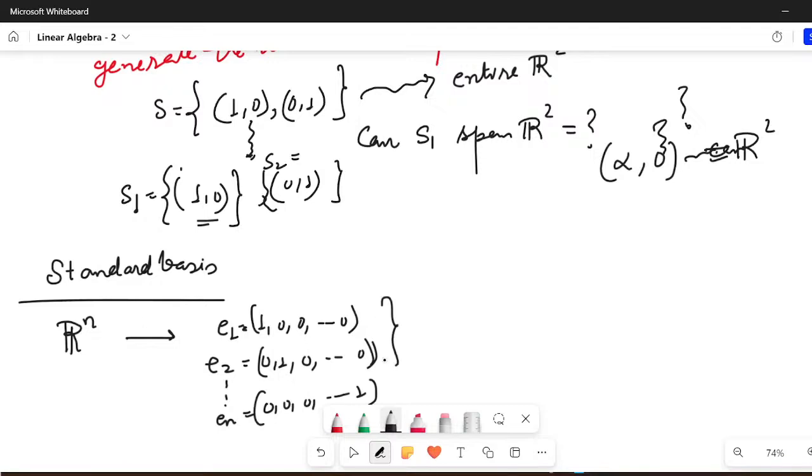These are called the standard basis of Rn. I hope it is clear.